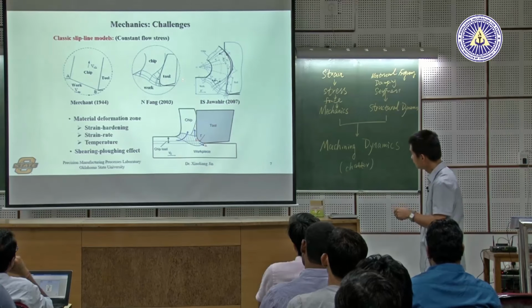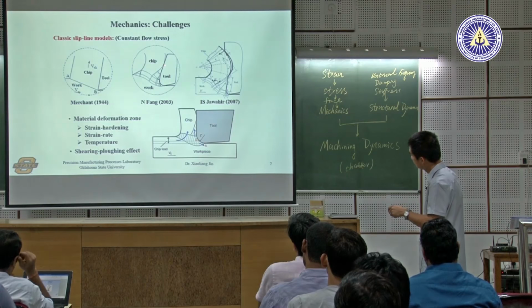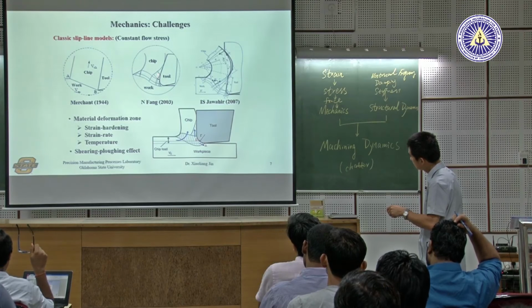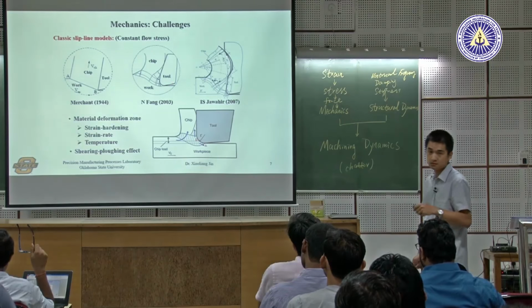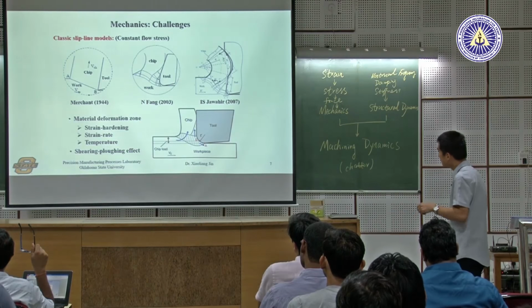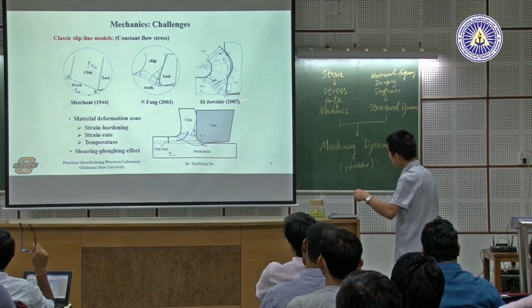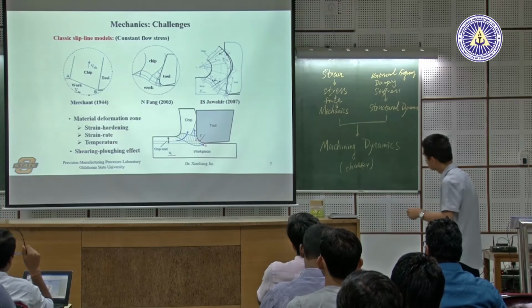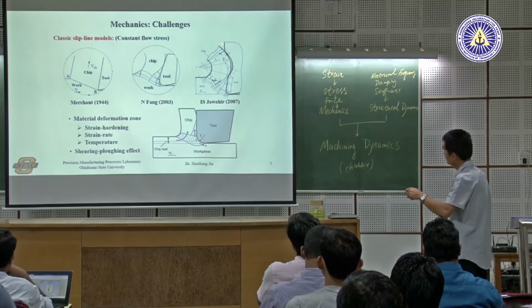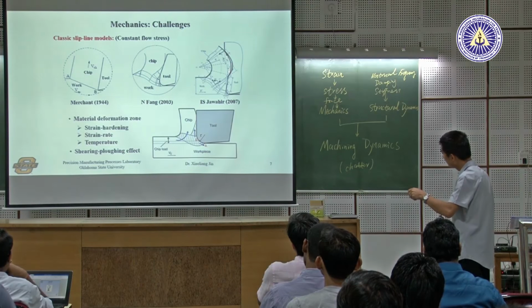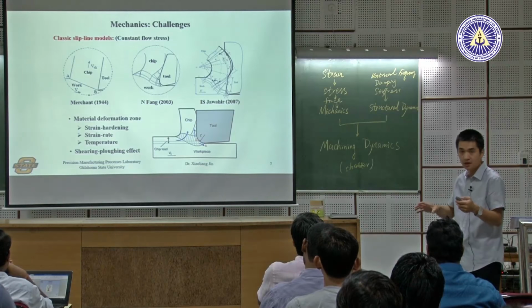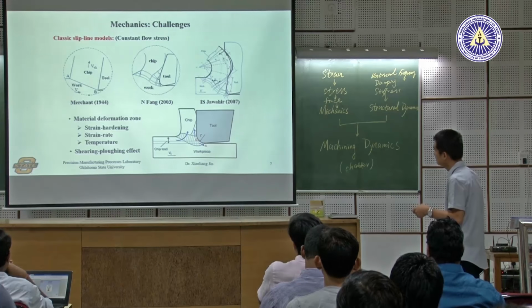And at the same time, there are secondary and tertiary zones here, right? There are also several other models, like considering changes of the rake face, which also change the geometry of this material deformation zone.